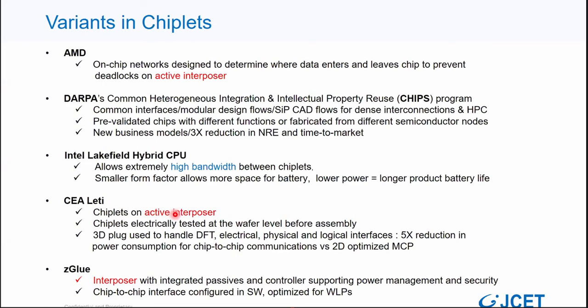They give a very good explanation of the active interposer's advantages and how to do it. They are also working on interposers with integrated passives, supporting power management and chip interconnection. The integrated passive, if we are talking about a chip capacitor in the interposer, has the major advantage of providing higher reliability over 150 degrees for automotive application.